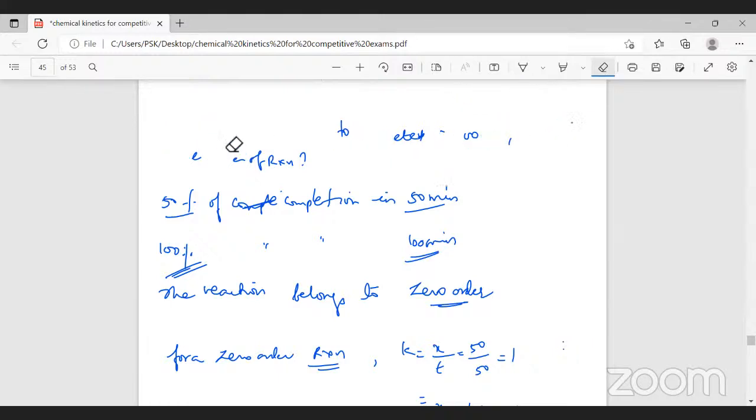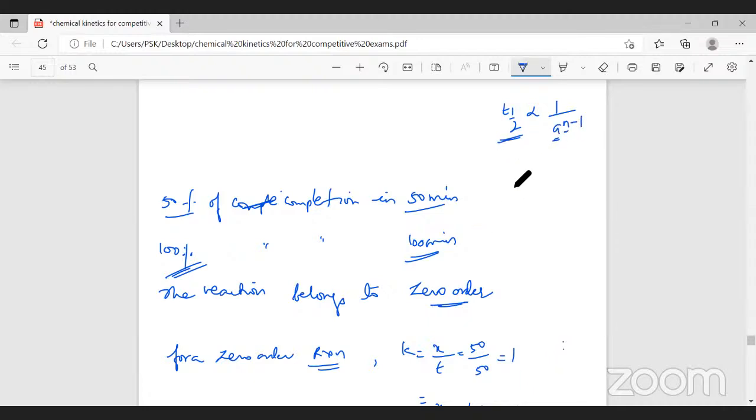I hope you followed. See, there is one relation that I gave you. The half-life period of the reaction, T half, is proportional to 1 by a to the power n minus 1. Here n is the order, and a is the initial concentration.